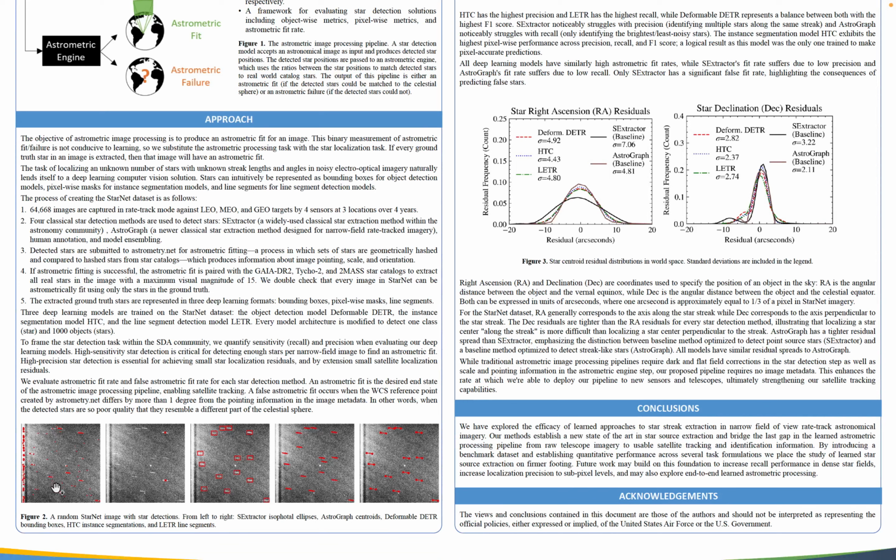This image on the far left is a Source Extractor prediction. You can see it's detected all the stars, but it also has quite a few false positives. The image to the right of that is an Astrograph star prediction, so it kind of has the opposite problem. Very precise, low recall. We also use human annotation to detect stars in these images.